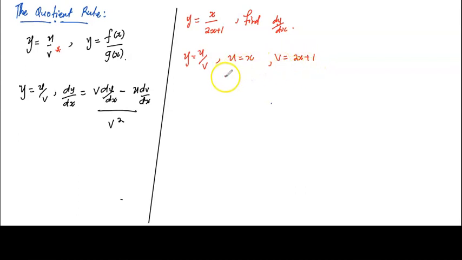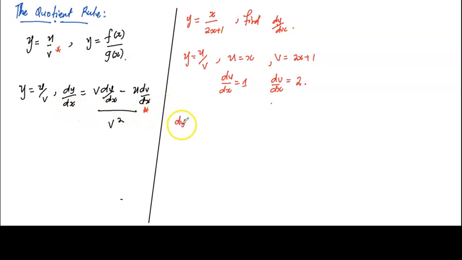Now we can go ahead and find the derivative of u with respect to x, which is equal to 1, and the derivative of v with respect to x, which is equal to 2. So now it's time for us to put our expression into our formula.